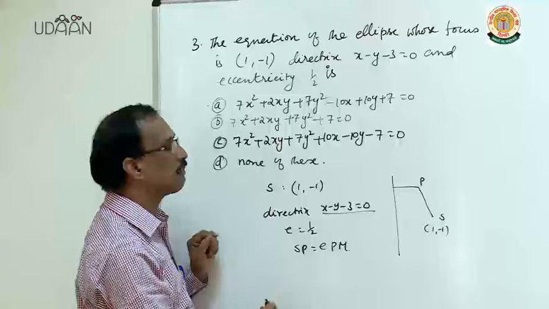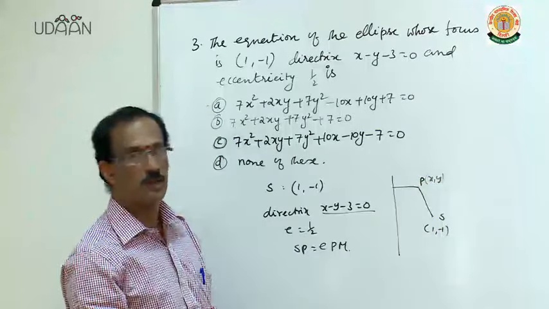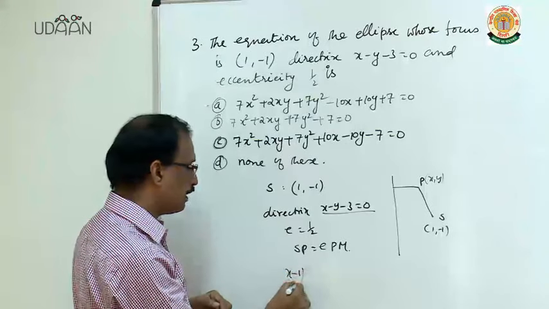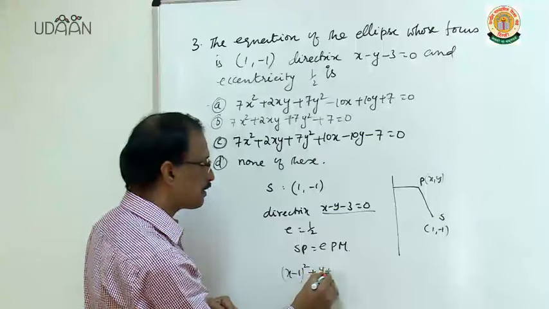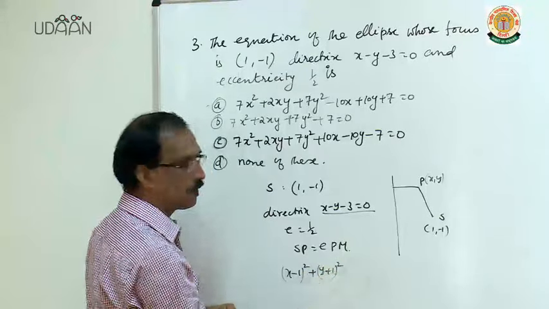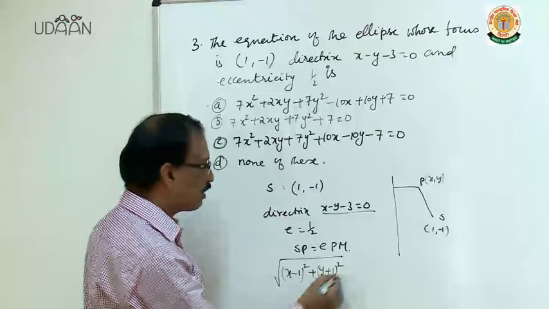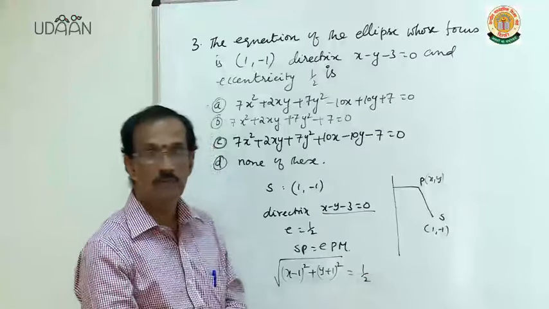So SP, where P is any general point (x, y). SP will be the square root of (x minus 1) whole square plus (y plus 1) whole square, equals e, which is half here.